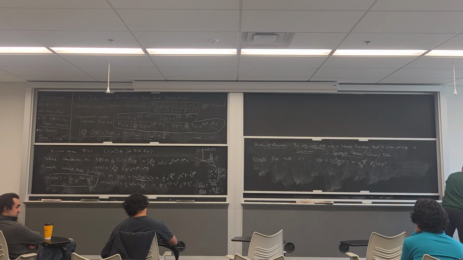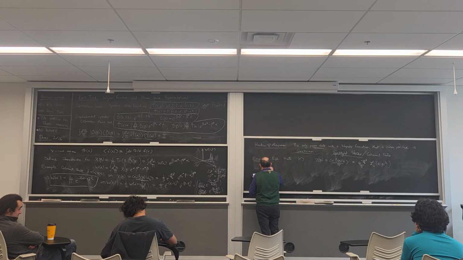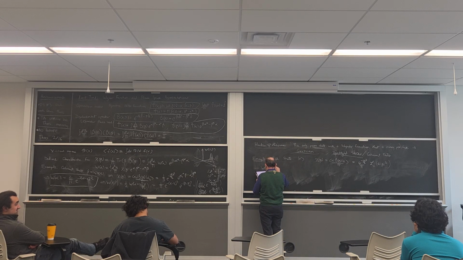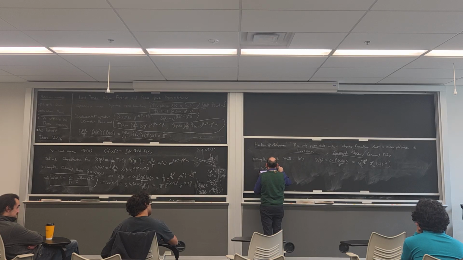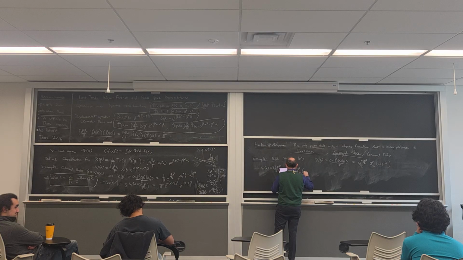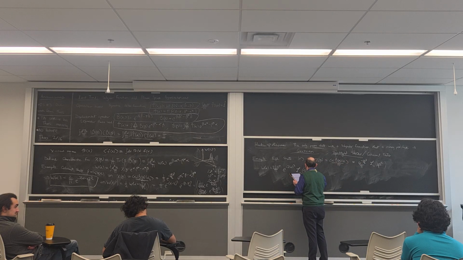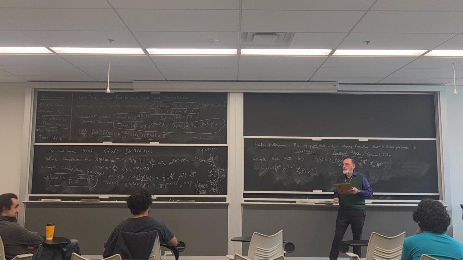Okay, so I can take the inverse Fourier transform of that, and the answer I get is this: 2 times 1 over pi, minus 1 to the n, e to the minus 2 alpha squared times the Laguerre polynomial.